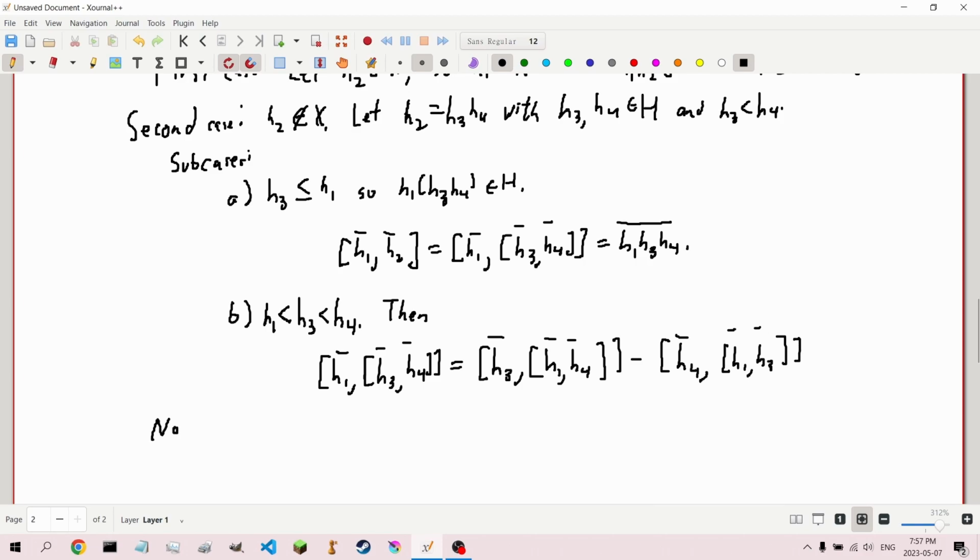Now, the length of h1, h4 is less than the length of h1, h2, since the length is going to split in part into addition on these things, and h4 is a substring of h2.